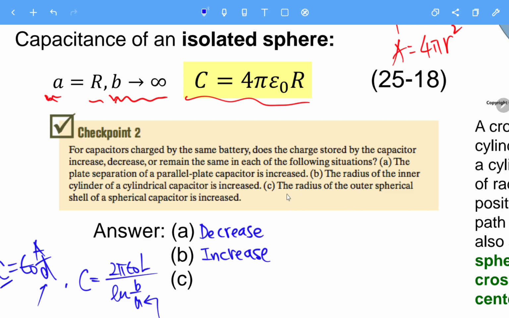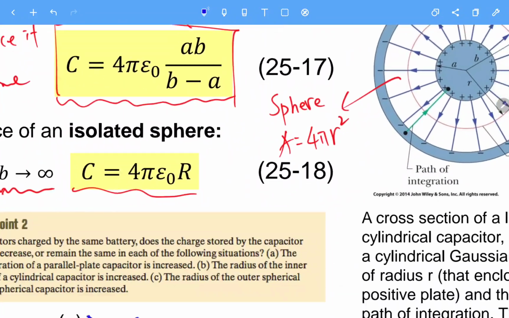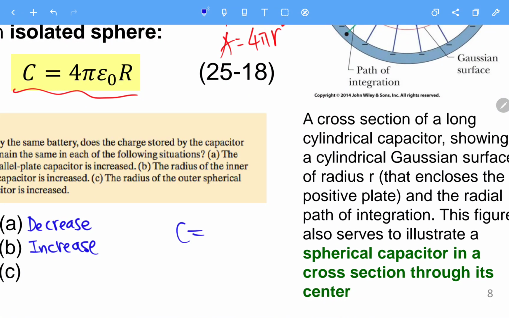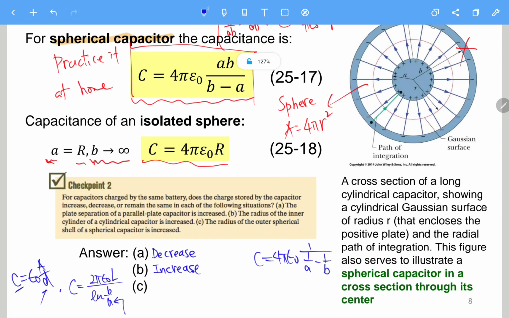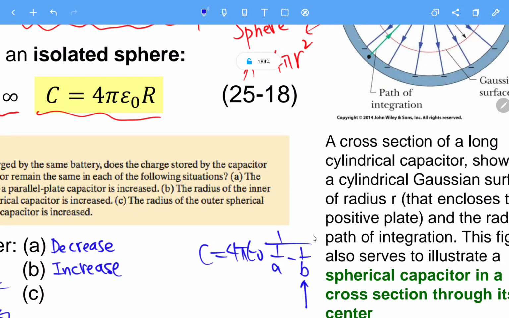For the third one, the radius of the outer spherical shell of a spherical capacitor is increased. Of course, we can use this expression, but we can also use this one to make it clearer: 1 over A minus 1 over B. If the outer spherical shell is increased, which means we increase B, this is a little bit more complicated.